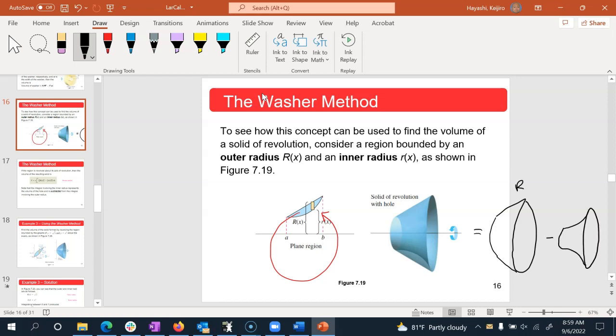So this is what it would be if it were just the big radius, the outer edge. And this is what it is if it's just the inner radius. So you're taking this solid shape formed by the outer radius and subtracting away from the interior the shape that the inner radius forms. So that's why it's going to be big R squared minus little r squared.